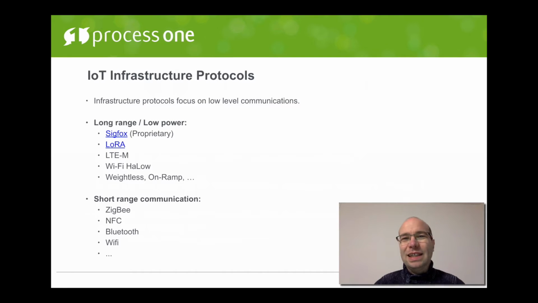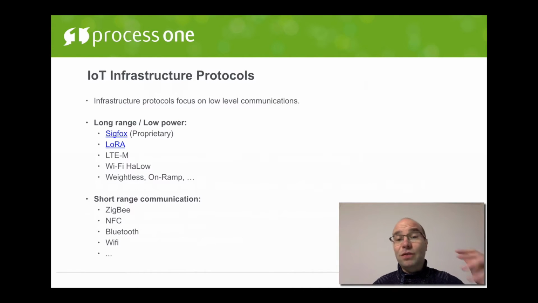Then you have short-range communication, which is basically protocols that want to cover an office, your home, or a factory, in the range of tens or hundreds of meters, but not more.